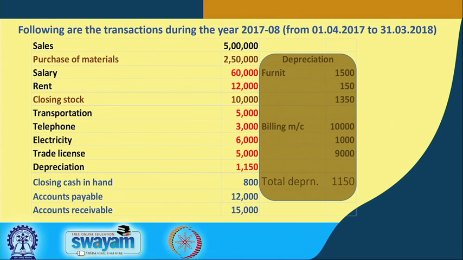So, these are the data which are available at the end of the year, meaning you have sold stationery worth 5 lakh rupees, you purchase material. From the purchase ledger, you found that total purchase is 2.5 lakh and the like.